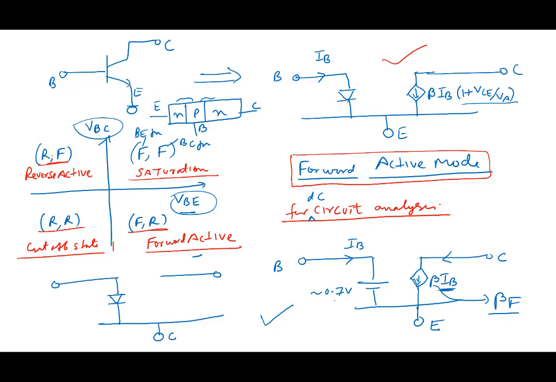The role is interchanged, and I should put here a current source also, except that now it is beta R, reverse, IB. So this is emitter. That's how I should draw reverse active.